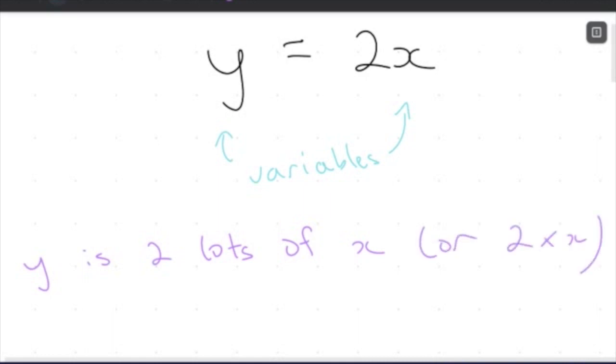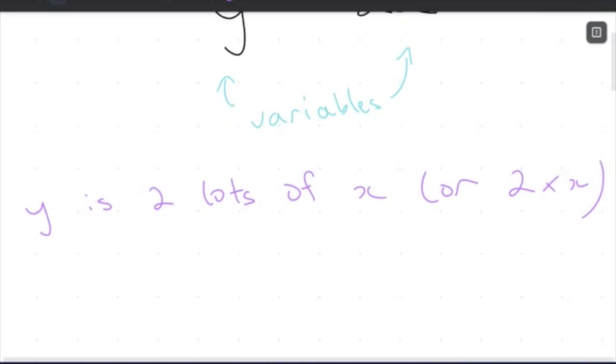So in essence, whatever x is, y is always going to be 2 times that. So y will always be double that. And we're going to look at how this translates onto the XY plane we introduced in the last video.